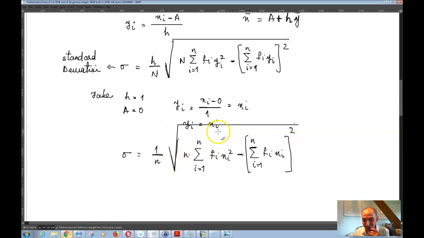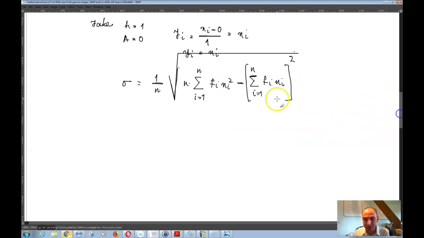And then what you can do is take this 1 divided by n inside the square root function, meaning that you raise that to the second power to take it inside. So if I raise this to the second power, it becomes 1 over n squared. Now if I multiply it by this first term over here, 1 over n squared times n, these two would cancel out. You would be left with 1 over n here.